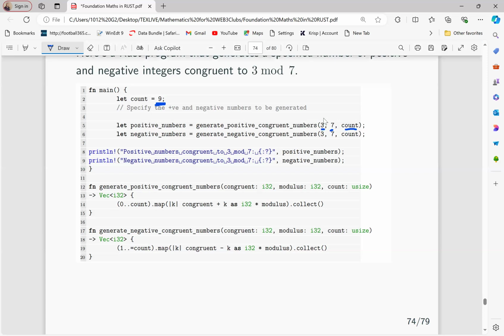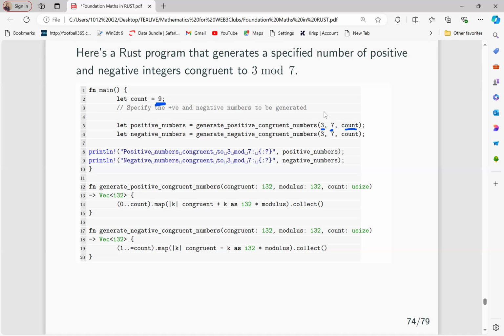The first 3 is the number we want, the number that we want numbers to be congruent to. And this is the mod. And the count is what we've defined here: 9, in this case, positive values.